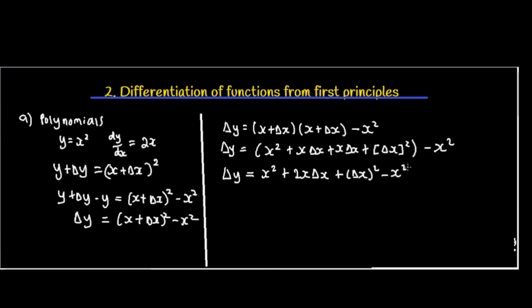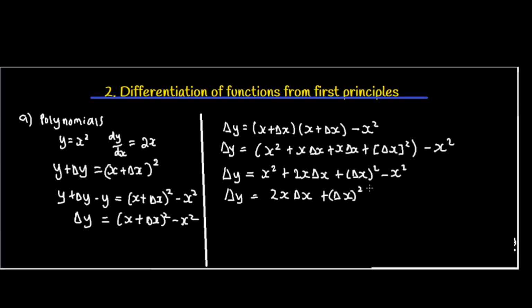I see that this minus x squared with this positive x squared will cancel out, and then we shall remain with change in y equal to 2x change in x plus change in x squared.